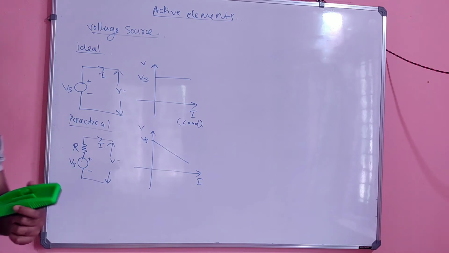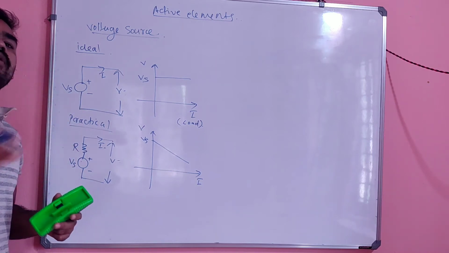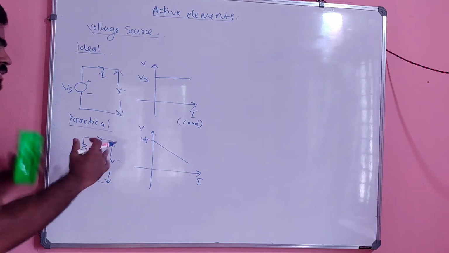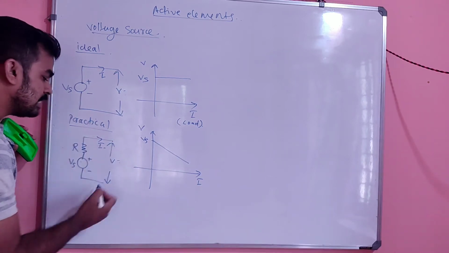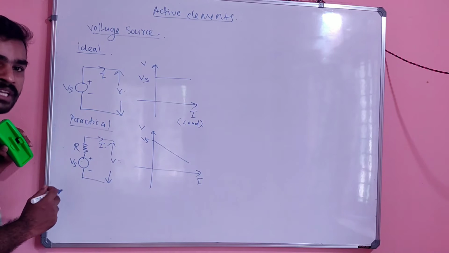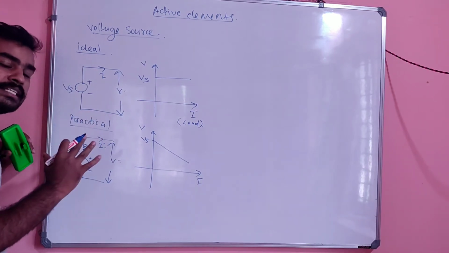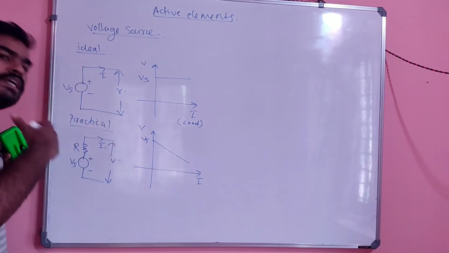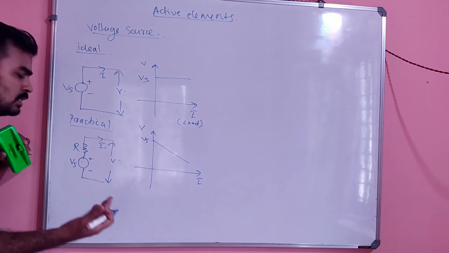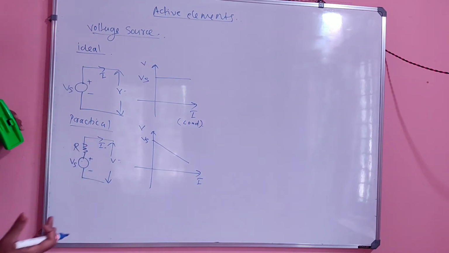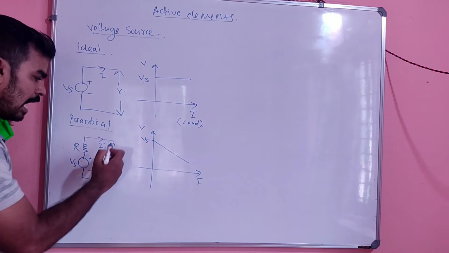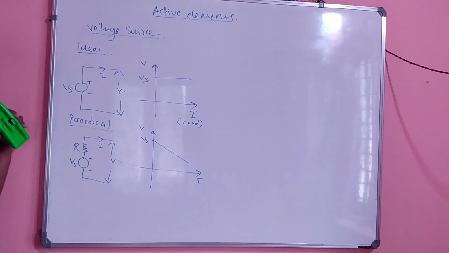The source has a certain capacity to provide a constant voltage, but beyond a certain limit, it consumes an enormous amount of current and starts short circuiting the terminal.